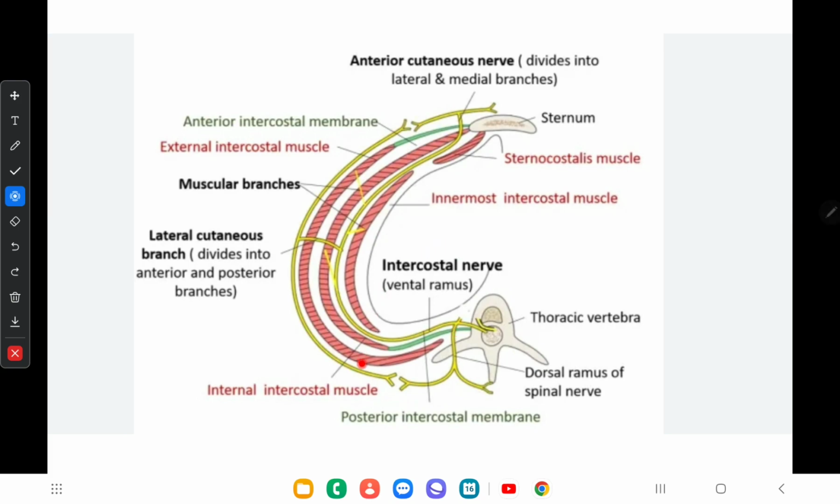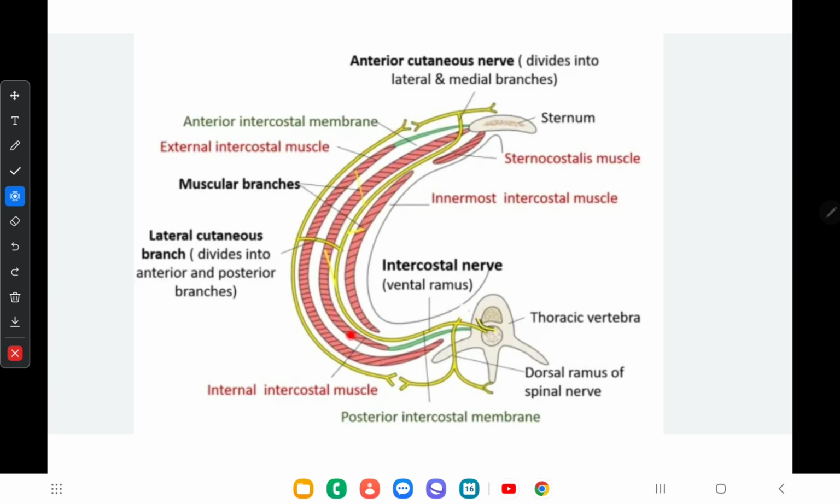So in the posterior part, you can see the nerve lies in between this posterior intercostal membrane and the parietal pleura with the endothoracic fascia. Here, this green one is the posterior intercostal membrane, and the parietal pleura with the endothoracic fascia in this part.